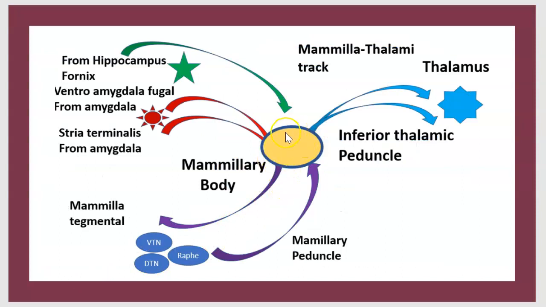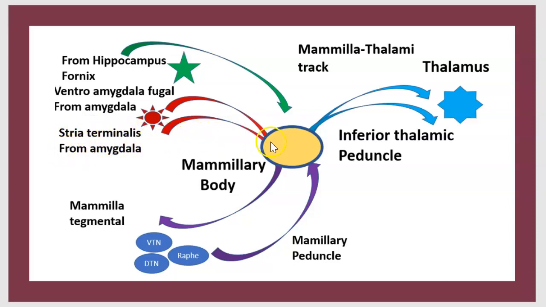Remember, mammillary is the intersection of all pathways. From hippocampus is the fornix. From amygdala, there are 2 pathways, the ventral amygdalofugal and the stria terminalis.